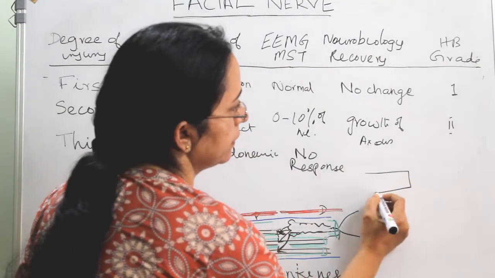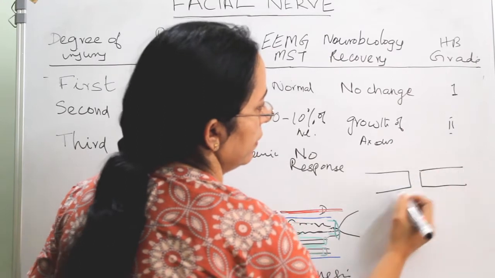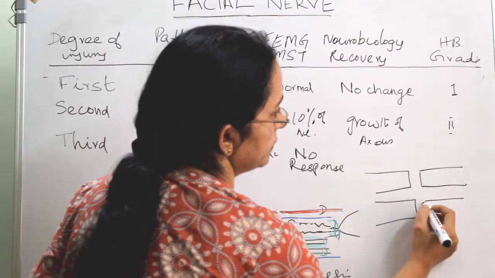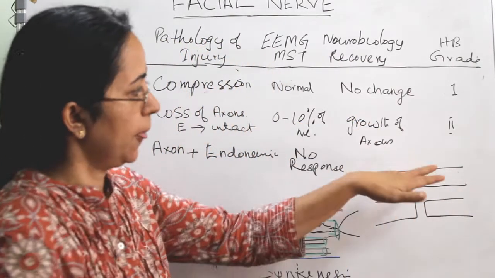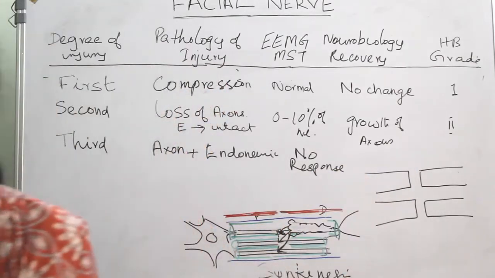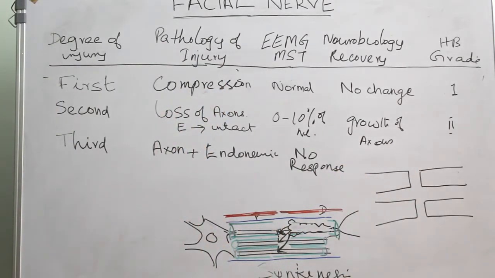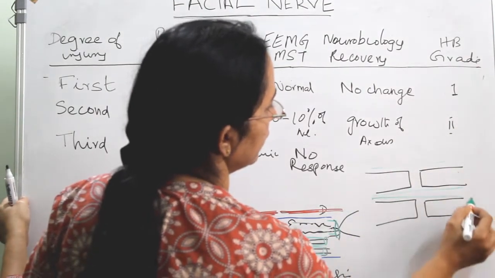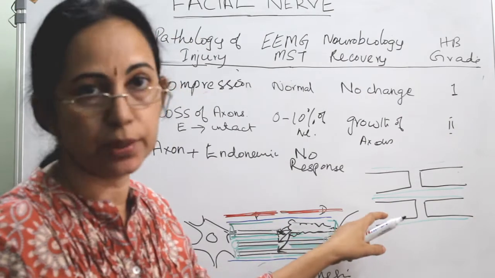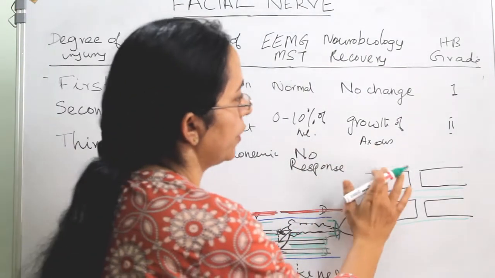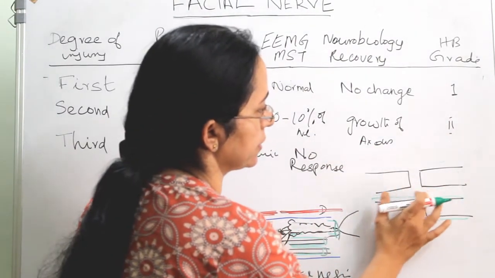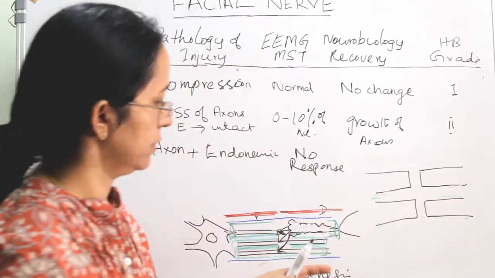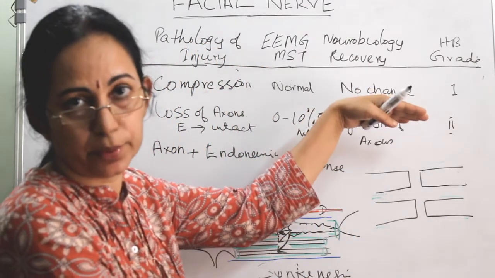Actually, an axon, 2 axons, and around each one endoneurium, forming 2 nerve tubules. So what happens here? The endoneurium is lost. So there will be only the final covering of perineurium of the fascicle.